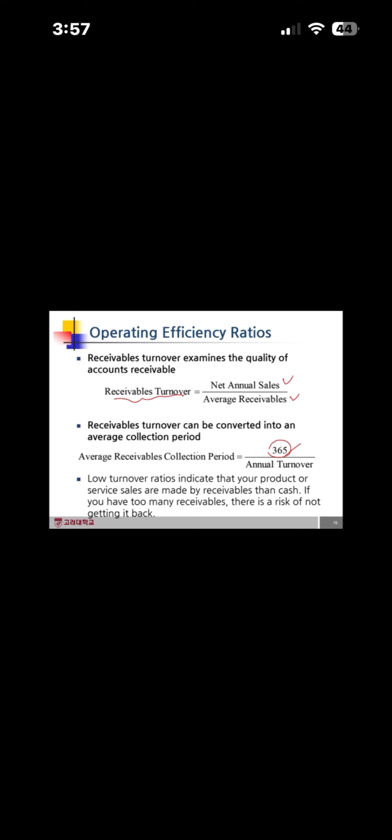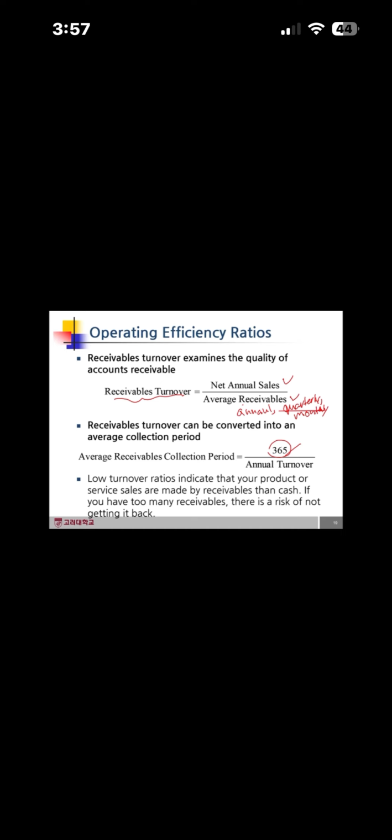The collection period measures how many times a company's receivables are converted to cash in a certain period of time. The receivable turnover ratio is calculated on an annual, quarterly, or monthly basis.